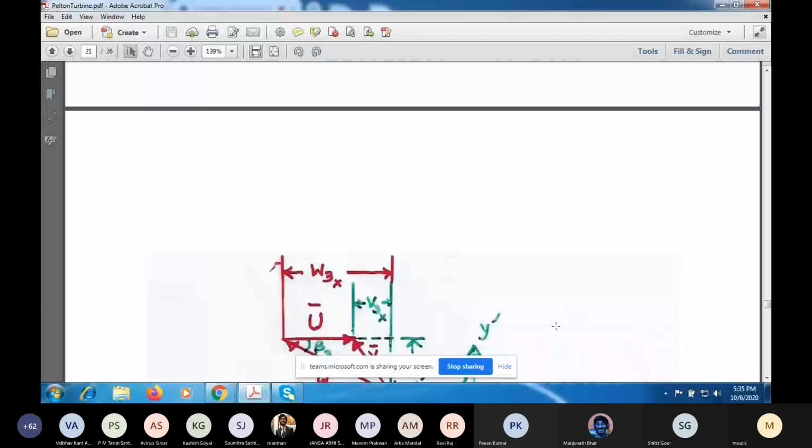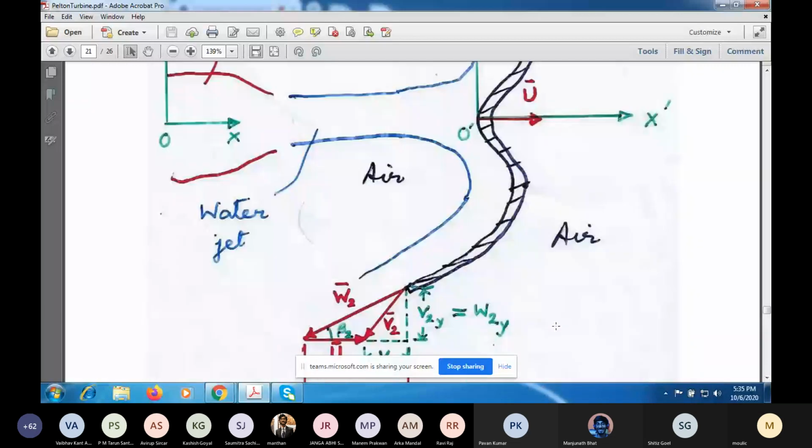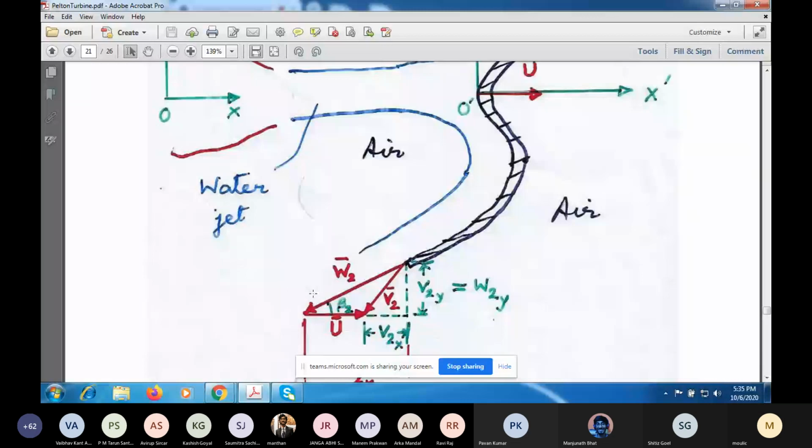This is what you may call the velocity triangle. The relative velocity vector we are calling W2. If to that you add the velocity of the translating control volume, which is U, then you will get the absolute velocity of the fluid, which is V2. An observer sitting on the ground will see the fluid coming out of the bucket not tangent to the blade, but at a different angle.